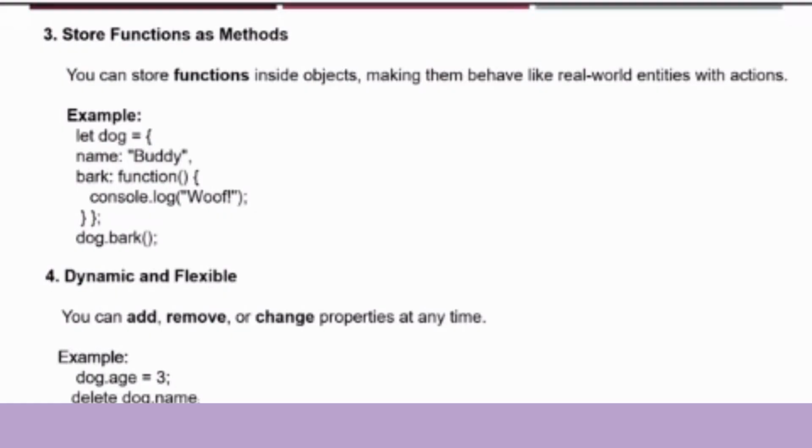You don't need to define everything at the beginning. If you want to store more information later, or remove something that's no longer needed, you can easily do that. This makes objects very useful when working with changing and growing data like user profile settings or app data that updates often.